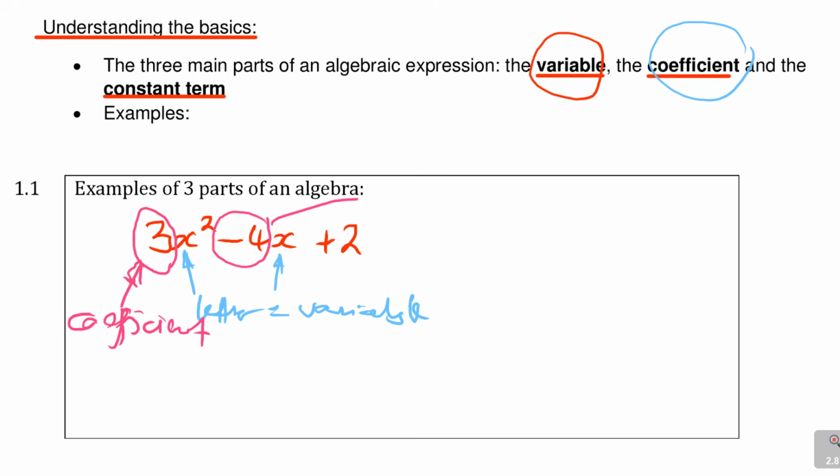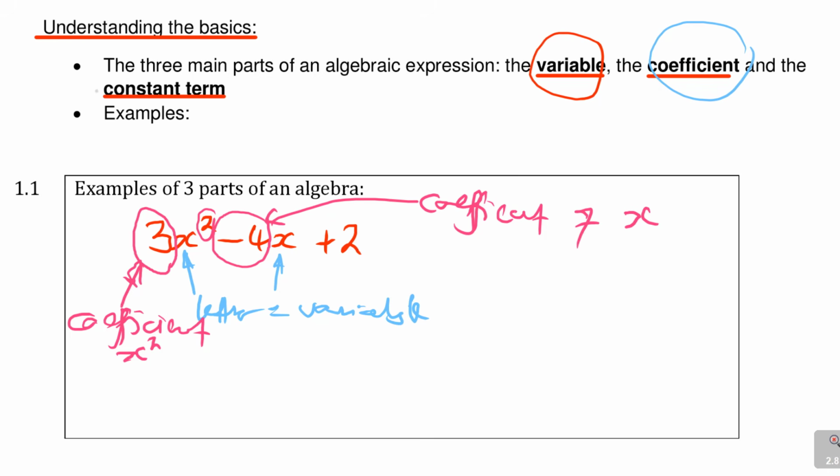So minus 4 is the coefficient of x, but 3 is the coefficient of x squared. So the number before the variable, if it's an x, you put x. If it is a square, it is the coefficient of x squared.